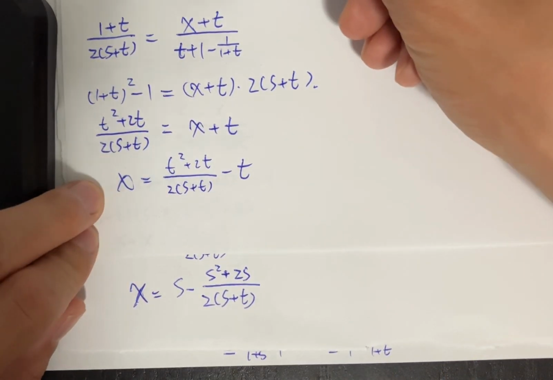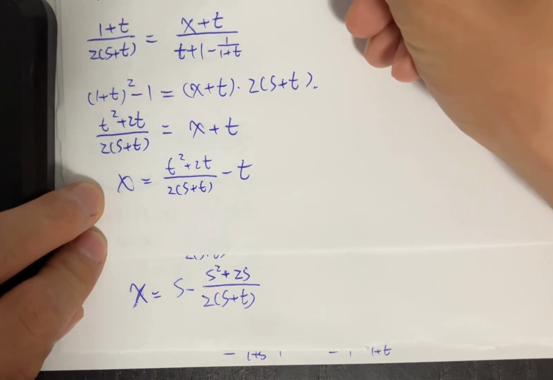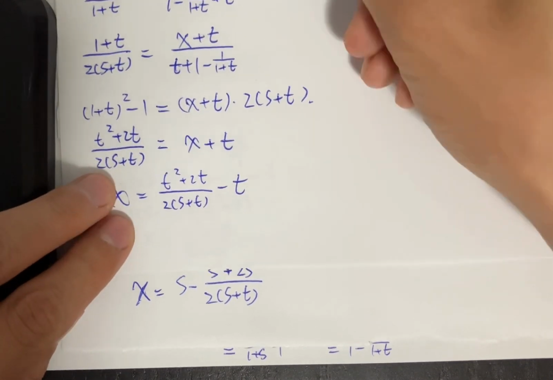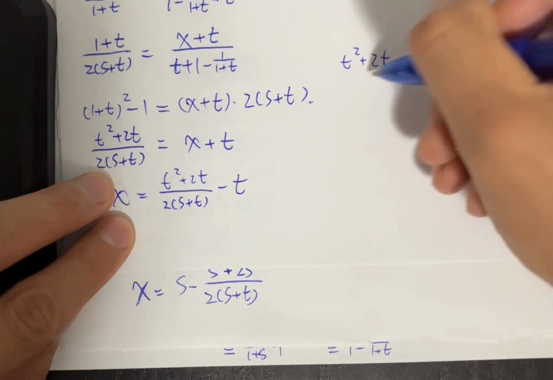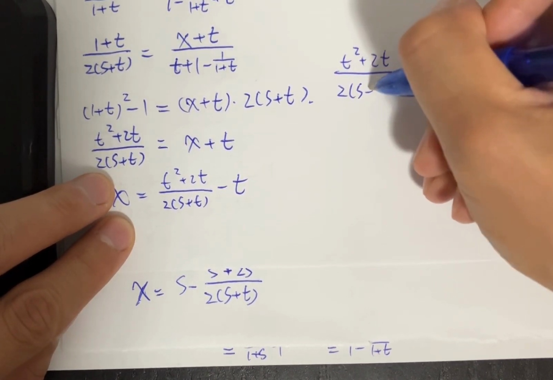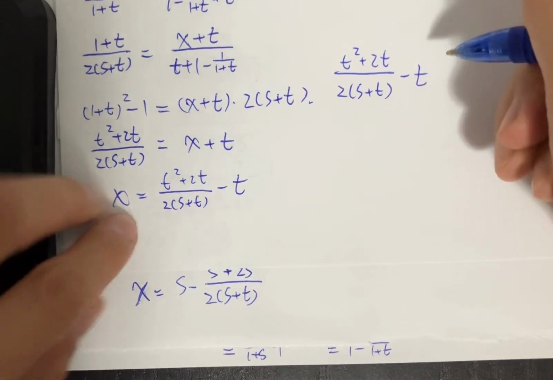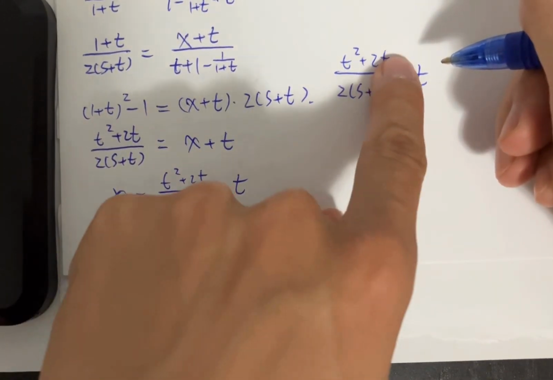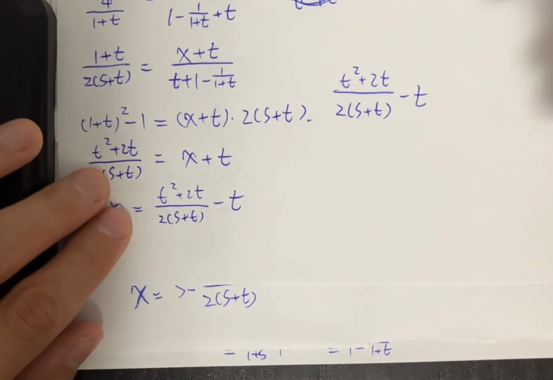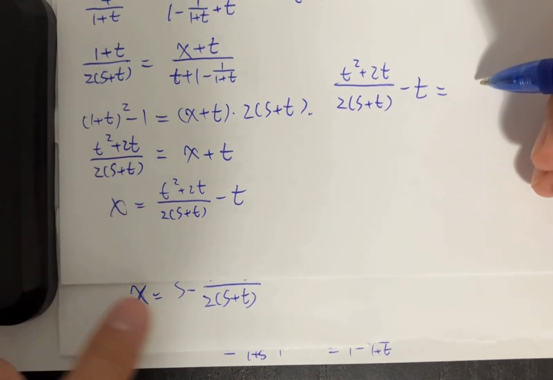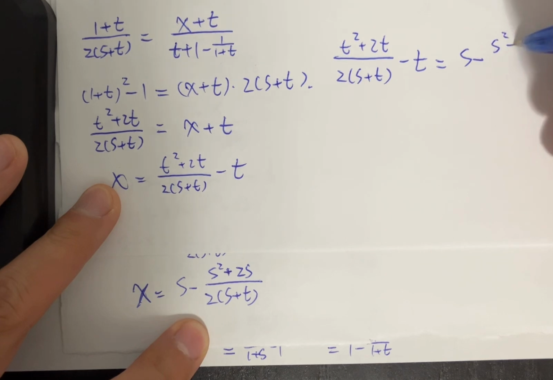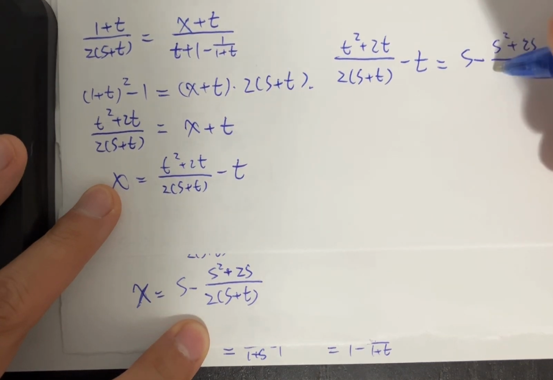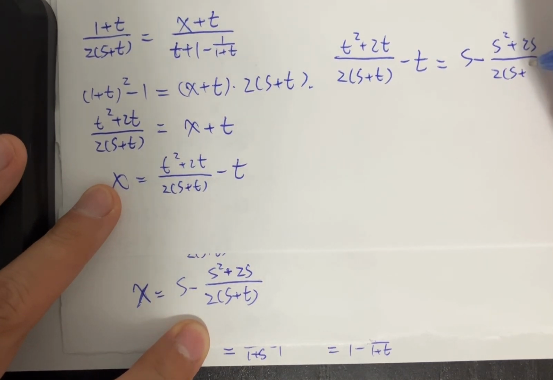T squared plus 2t over 2 bracket 2s plus t minus t. I'm just copying this over here. This is x, and on the other hand, s minus s squared plus 2s over 2 bracket s plus t.